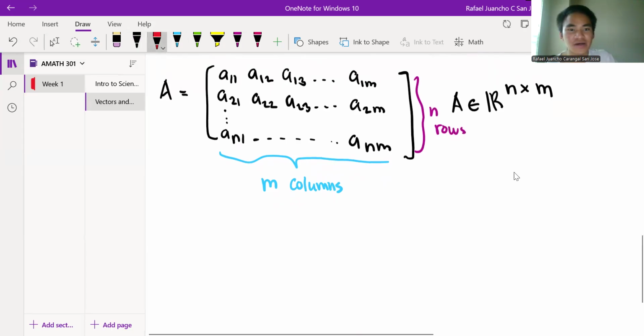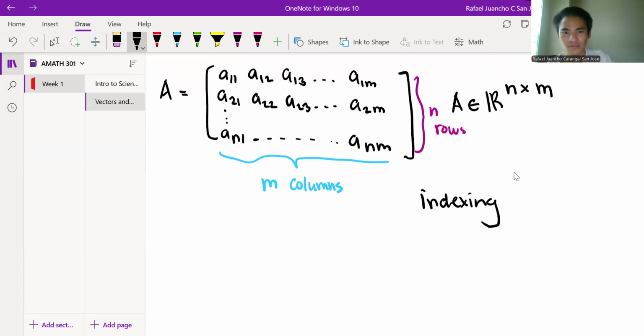Okay, now you noticed here, I put a bunch of numbers in every A, right? So why did I do that? Well, this is actually a way of, we call this indexing. Indexing meaning we say that A, and then which row are we at, and then which column are we at, right?